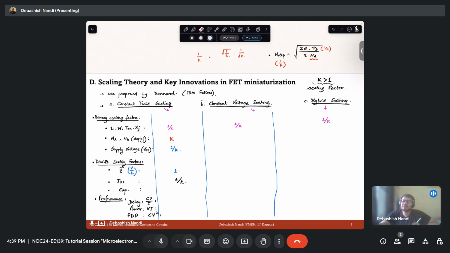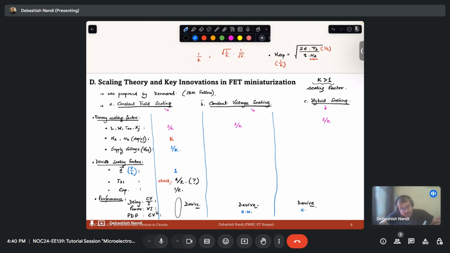And your capacitances will be scaled by, similarly you should derive these things as well, and check what are the effects of scaling on this product.